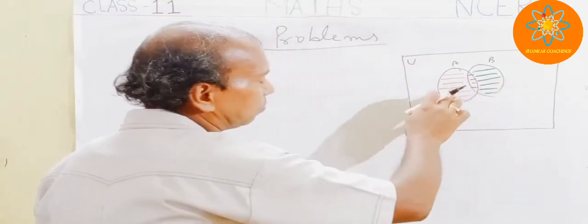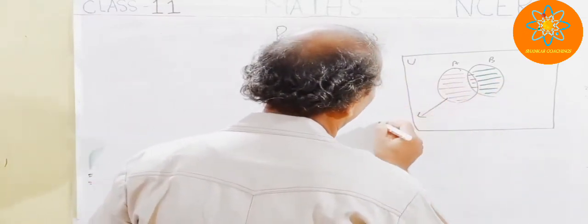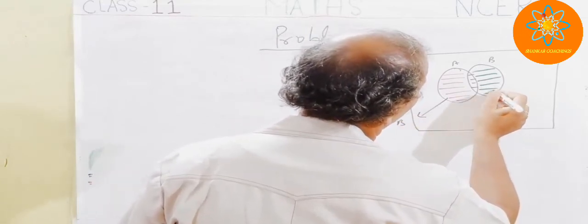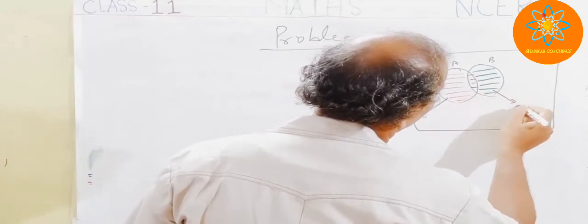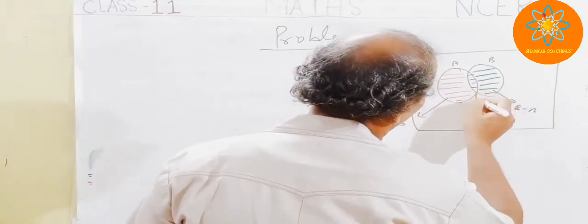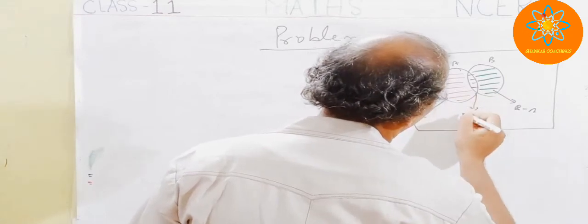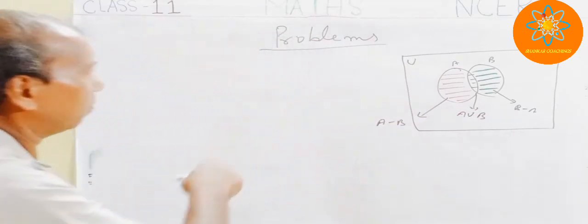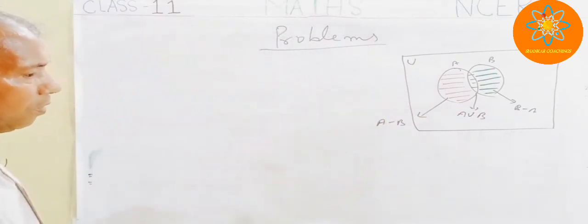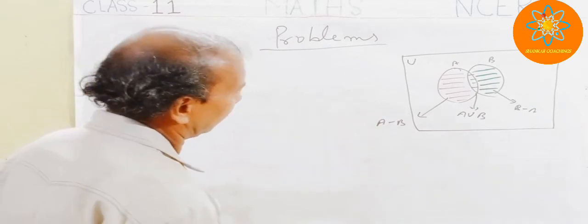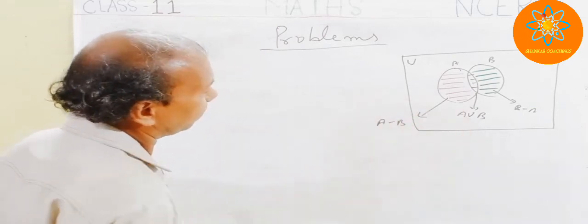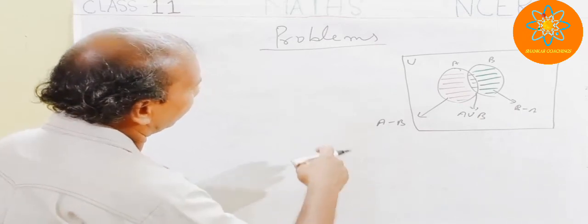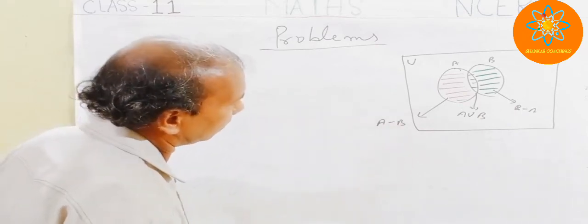This portion is equal to A minus B, this portion is equal to B minus A, and this is your A union B. So seeing the problem, first of all I will draw the Venn diagram, and after drawing it, I can find the answers to the questions given in the problem.